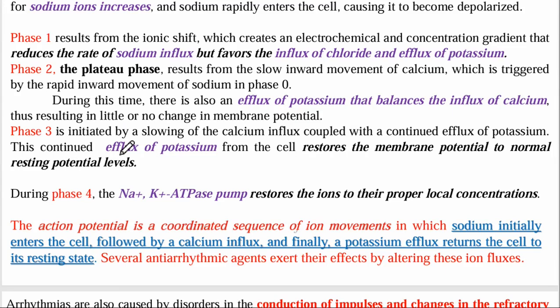Phase 3, again a repolarization phase, has an efflux of potassium from the cell, which restores the membrane potential to normal levels. And phase 4 is the resting potential, where the sodium-potassium ATPase pump restores ions to their proper concentrations.